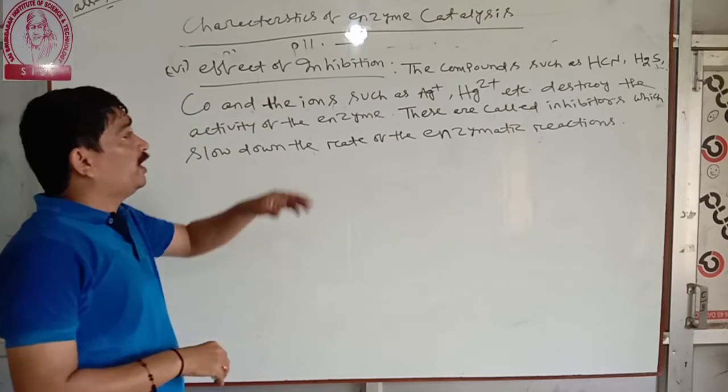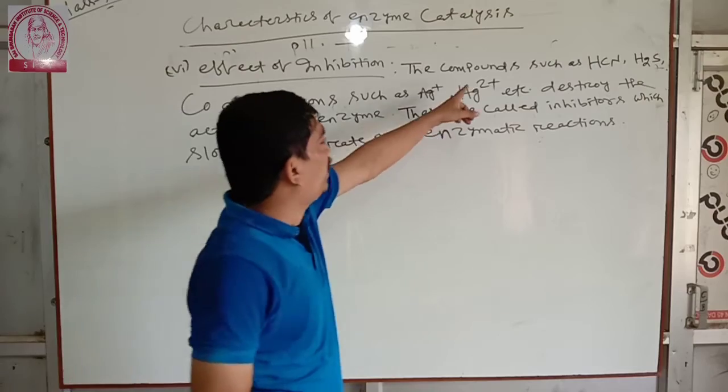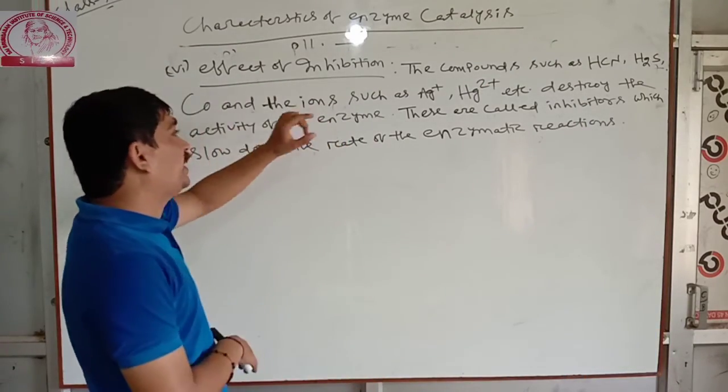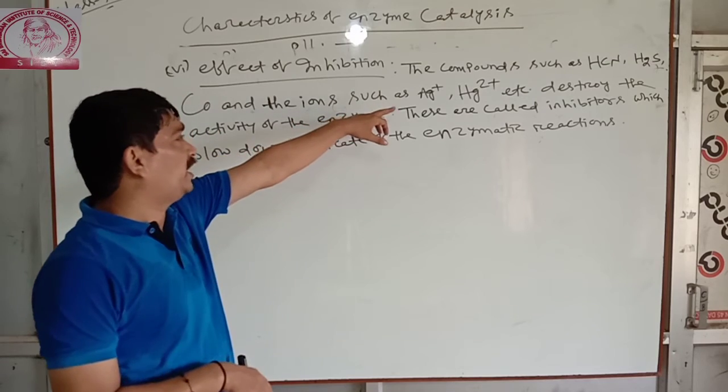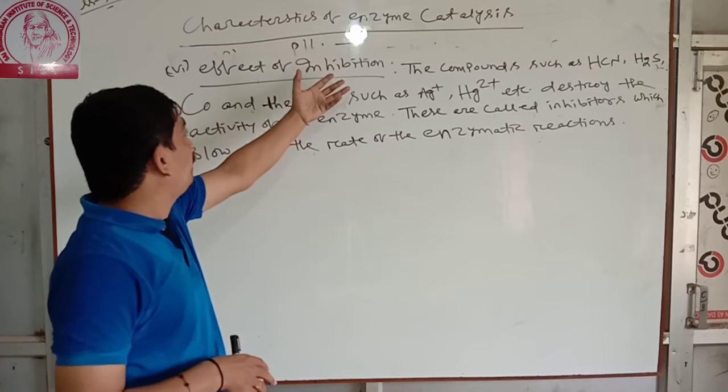The compounds such as HCl, H2S and CO and the ions such as Ag plus and Hg2 plus destroy the activity of the enzyme in an enzyme catalyzed reaction.